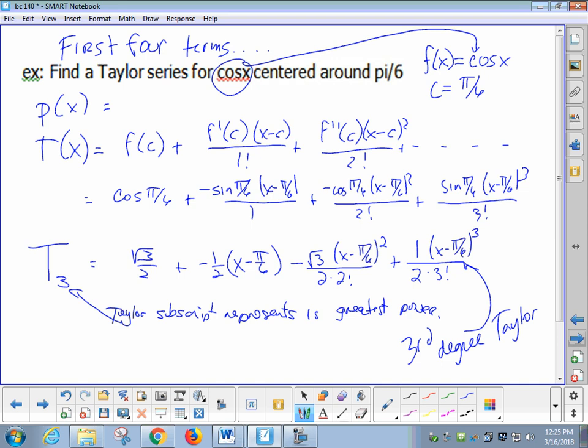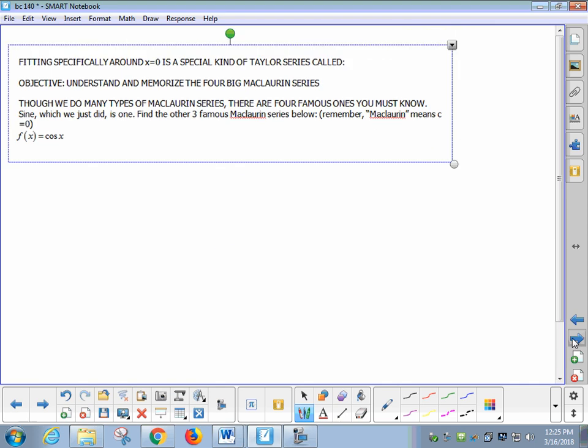All right? Okay, now, Taylor series then are all series centered around any center c. But if you specifically talk about letting c equal 0, or saying, I want to focus my Taylor around its origin, or around x equals 0, that's usually referred to as a Maclaurin series.